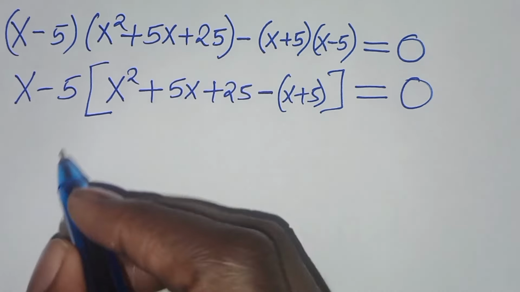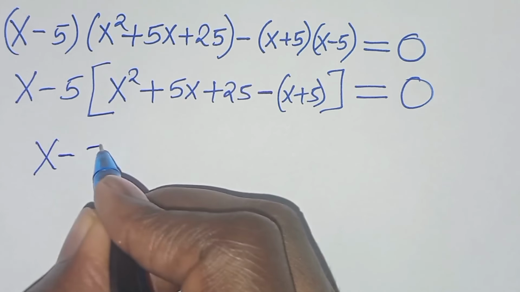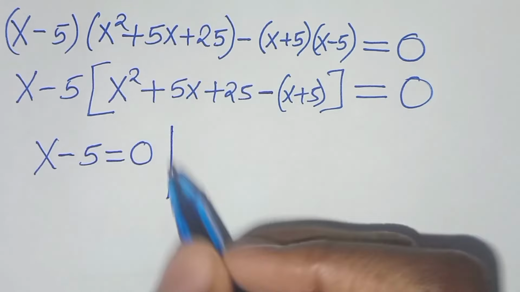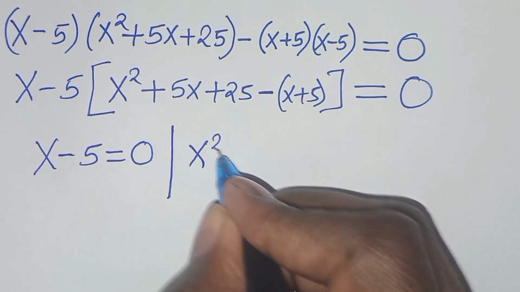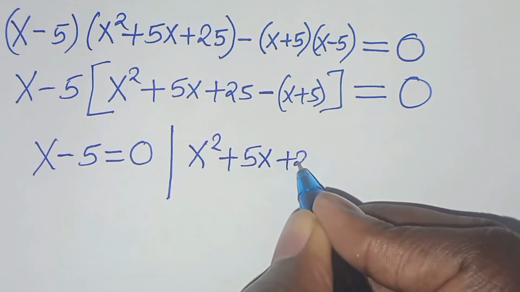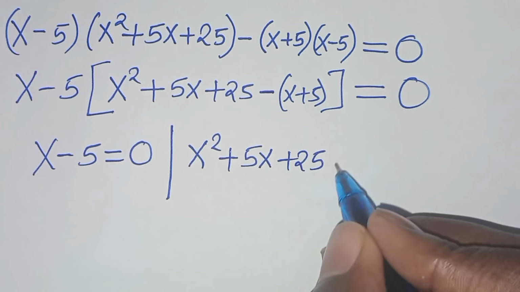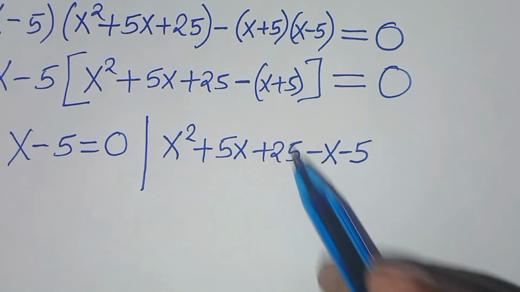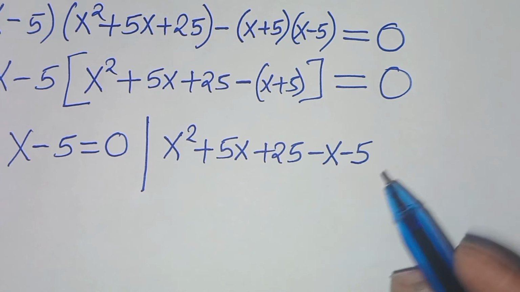So this implies that we have two parts. That is x minus 5, which is equal to 0, and then x squared plus 5x plus 25, then subtract x plus 5, which is minus times plus 5, this is minus 5.